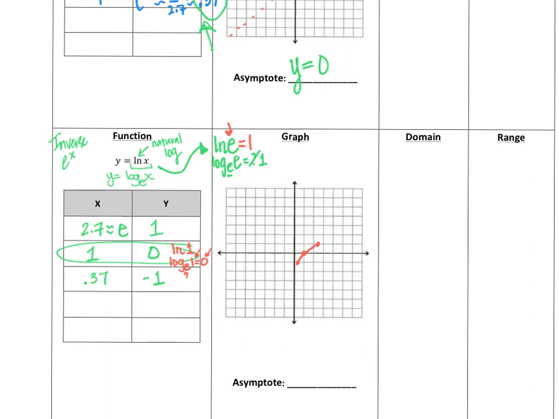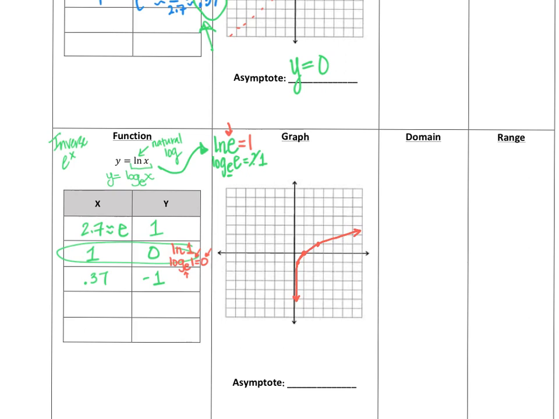Now, as your x values get bigger and bigger, our y values are also going to be growing, but they're not growing too fast. And when we plug in x values that get closer and closer to 0, that's taking us more and more negative, because remember, the log function is really getting us the exponents that end up with these results.